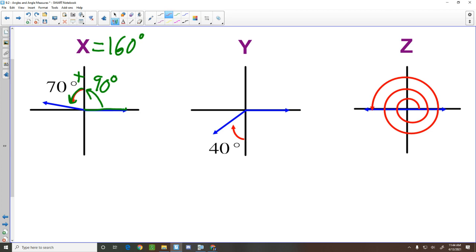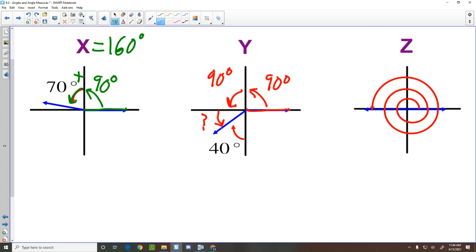Going to this middle one, angle Y, we can do something similar. If I started from that initial side and rotated in this direction, I went 90 degrees plus another 90 degrees plus this amount right here. But I don't know how much that is.